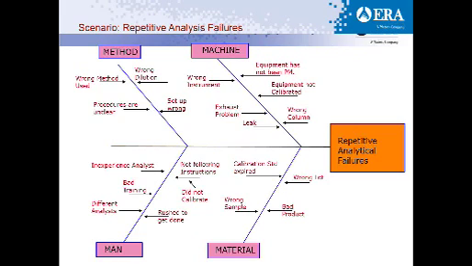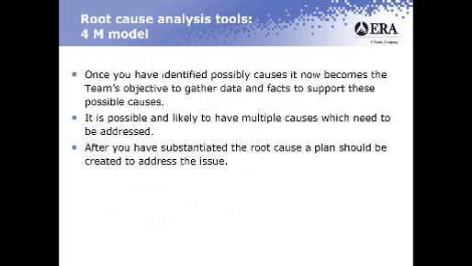So as you create your list, you now have this list in front of you of possible causes. The issue is it's all anecdotal. It's all tribal knowledge. You don't know for sure which one of these is the major problem. And you could end up with 3 or 4 of them. The secret is, with experience and your subject matter experts, you can start gathering facts and data to prove or disprove these causes.